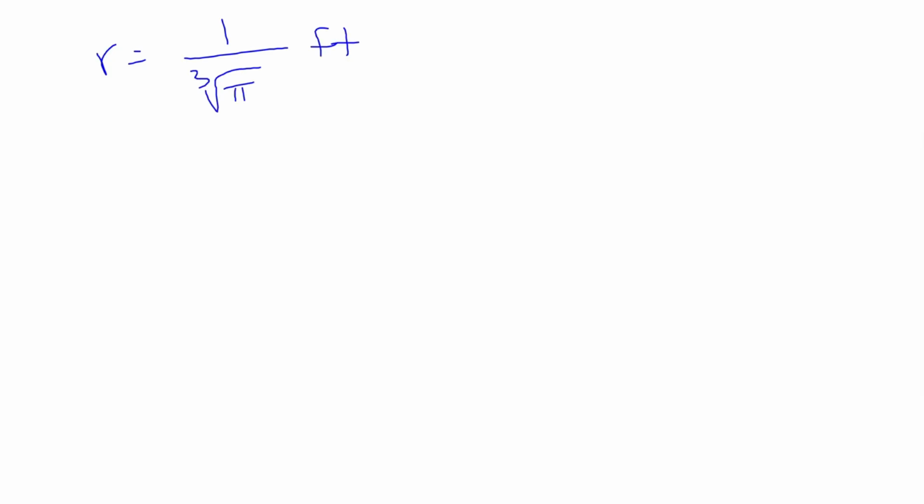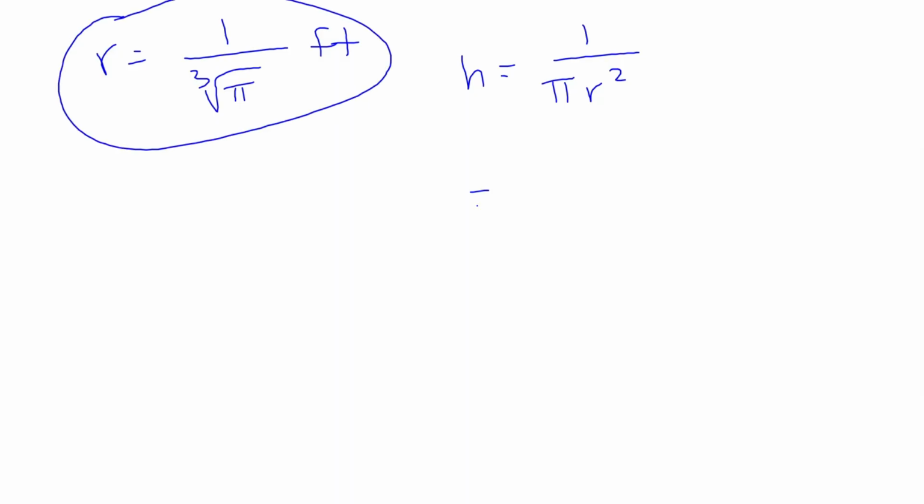And our height was equal to, originally, 1 over pi times the radius squared. So our height, we'll just plug this radius into that, should be 1 over pi times that radius, 1 over the cube root of pi, squared.